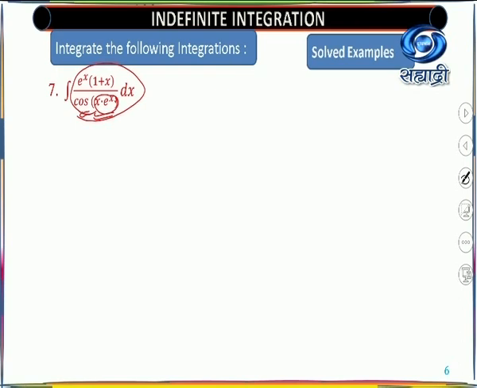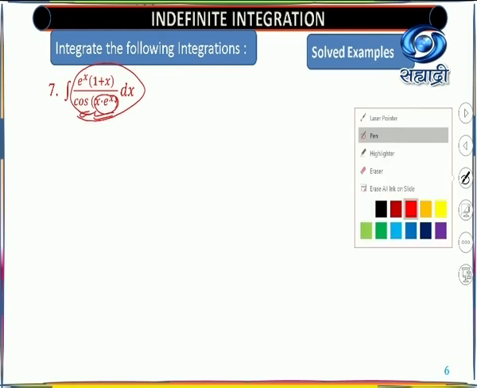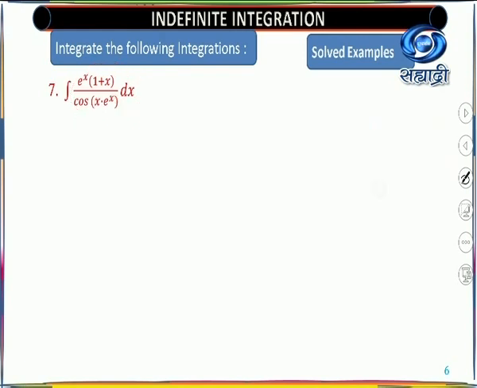If you substitute x into e raised to x as t, we'll see whether you will get your numerator or not. So we'll begin with the solution. I equal to integral e raised to x into 1 plus x upon cos x into e raised to x dx.